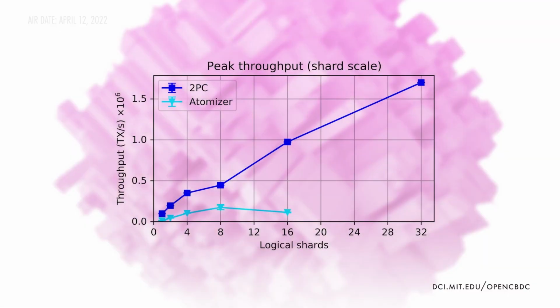So if we could release this global transaction ordering bottleneck, we can actually make our system scale. We had this atomizer system that was getting to about 170,000 transactions a second. Once you release that bottleneck, suddenly you can reach, we only tested up to 1.7 million transactions a second, but it's very likely able to scale more than that.